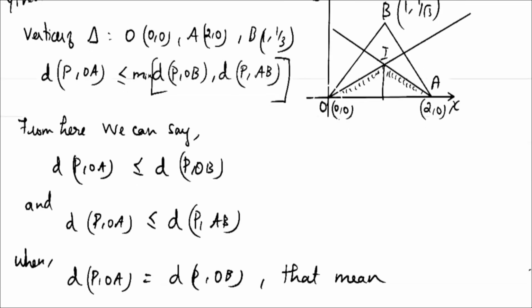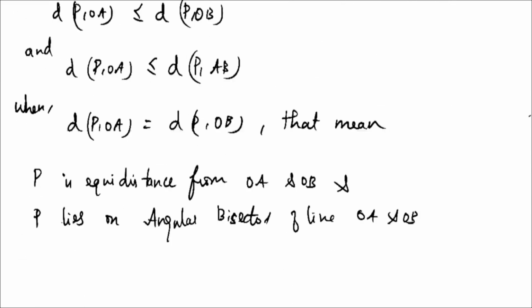So this line is the angular bisector of the two given lines OA and OB.